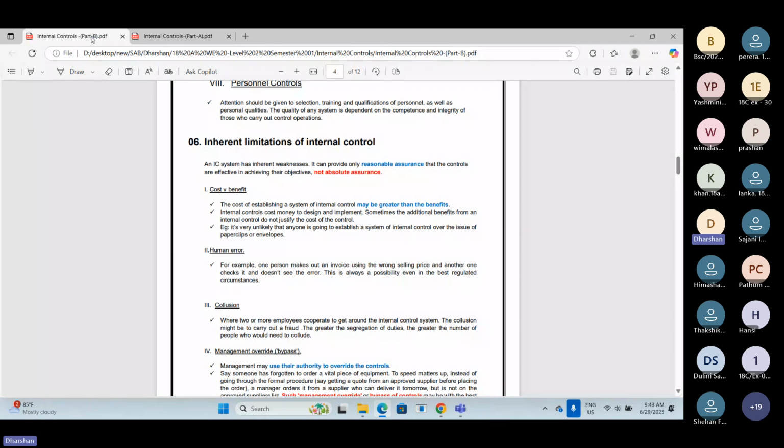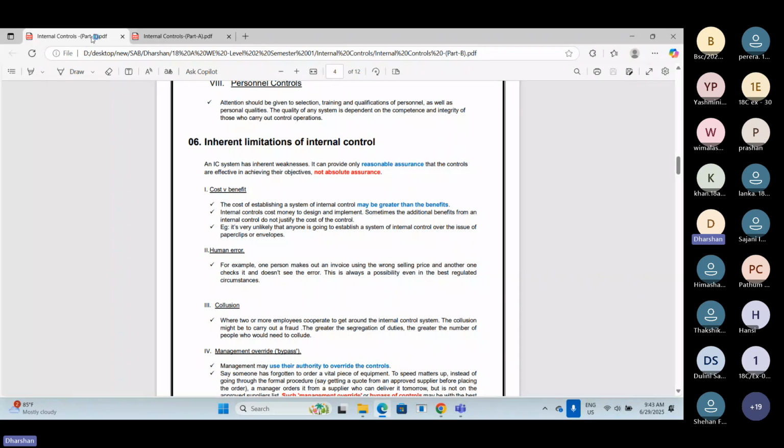Because of that, companies normally do not implement controls for small processes. So in such a situation, as an internal auditor or reviewer of internal control, we can't give 100% assurance on the company's internal controls because they did not implement controls for certain processes.